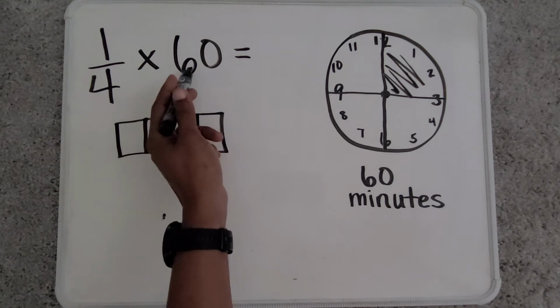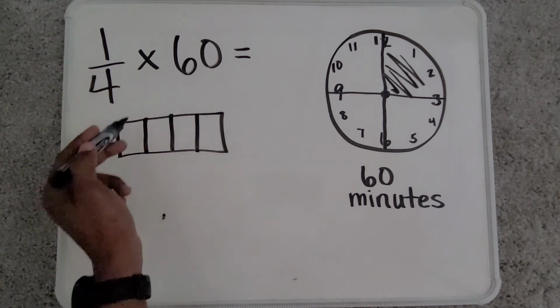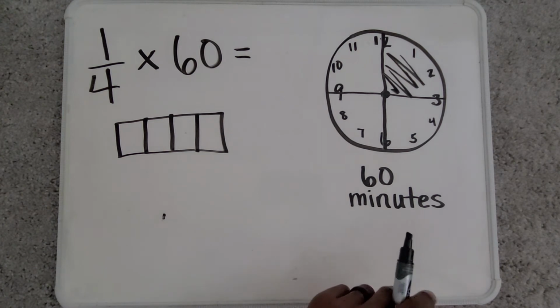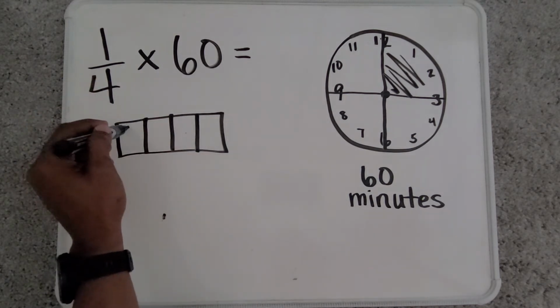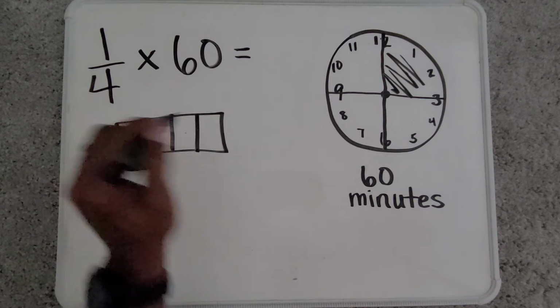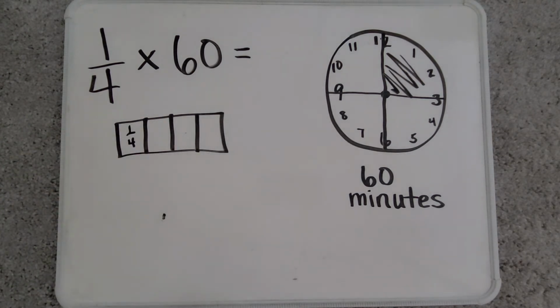That means I need to be able to take 60 and divide it equally into 4 boxes. And then I would just focus on how many is in 1/4 of those boxes.